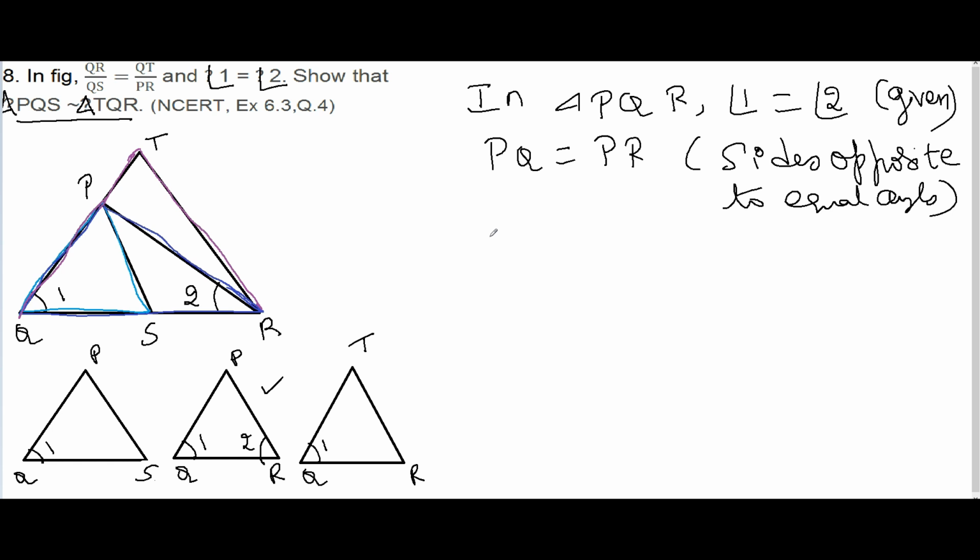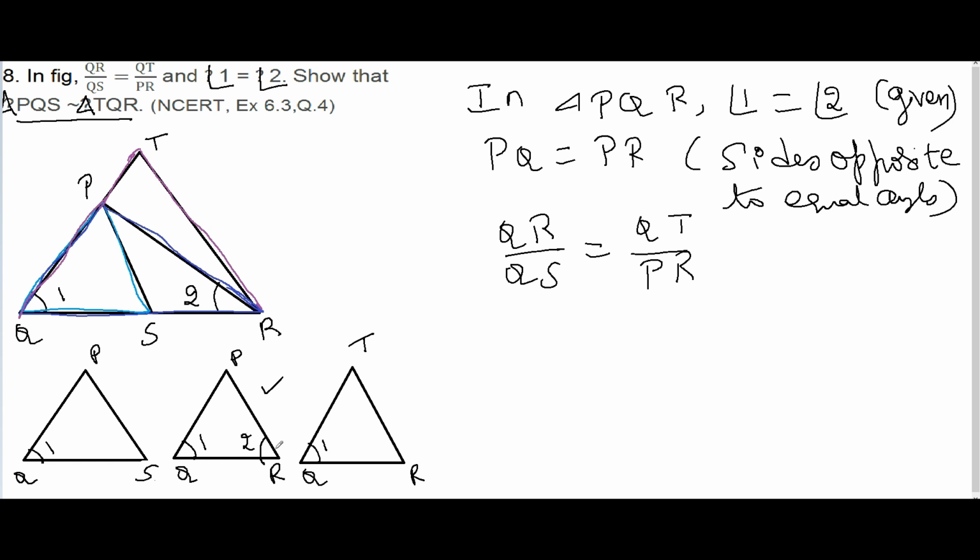Now, also what we have been given is QR by QS is equal to QT by PR.